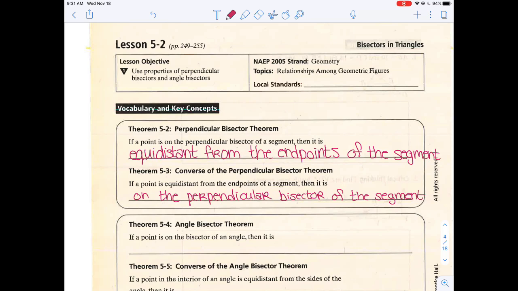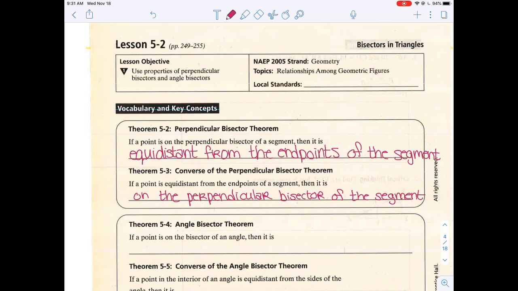So the first one is saying if you know it's on the perpendicular bisector, then you can also say that it's an equal distance. The second one is saying if you know that they're an equal distance, you can say that it's on the perpendicular bisector.